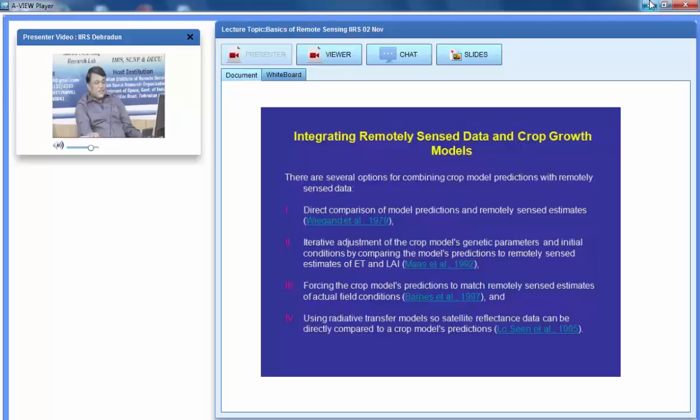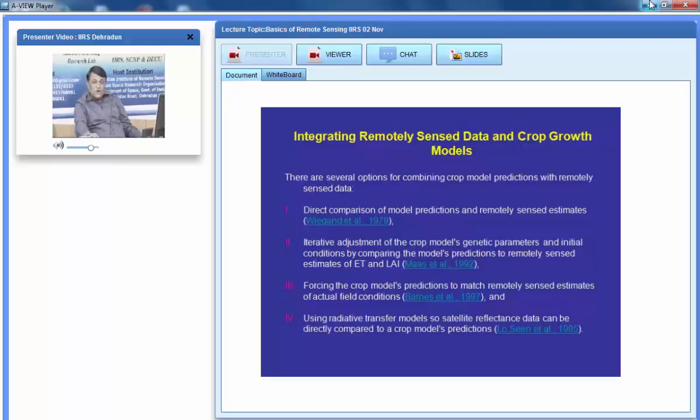Second is the iterative adjustment. So here one needs to iteratively refine or modify initial conditions, particularly initial soil moisture, initial crop sowing date, or genotypic or phenotypic coefficients, which are given at the start of the simulation of any model.